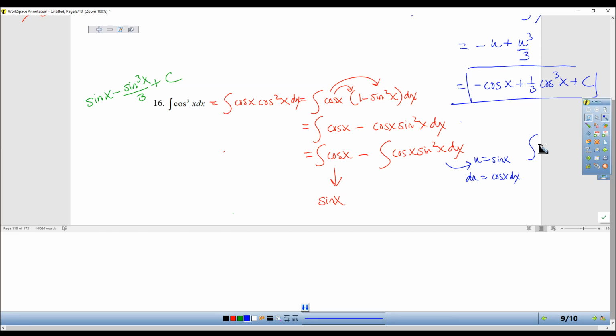So this is u squared du, which becomes u cubed over 3, which becomes sine cubed over 3. There's a negative on the outside that stays, and I have sine cubed x over 3 plus c. There's a little x there, forgot it.